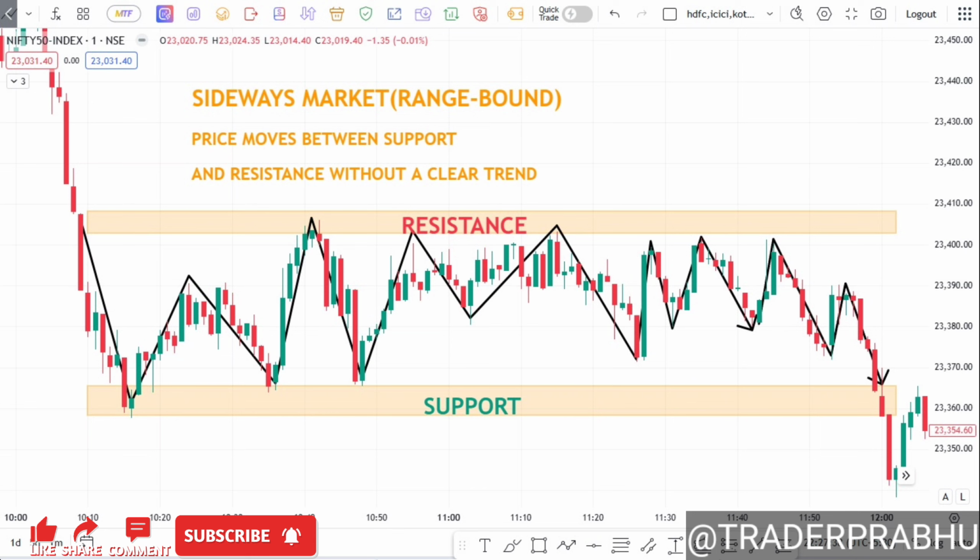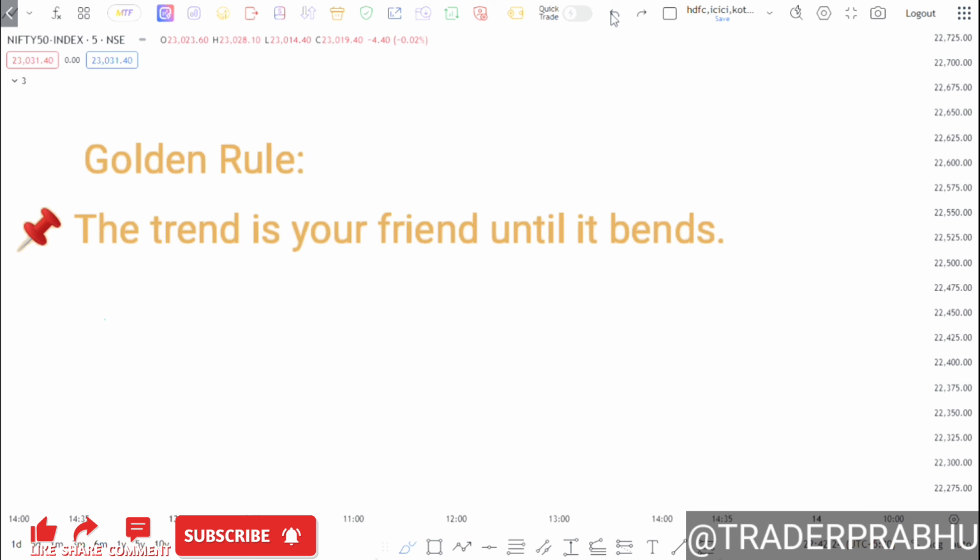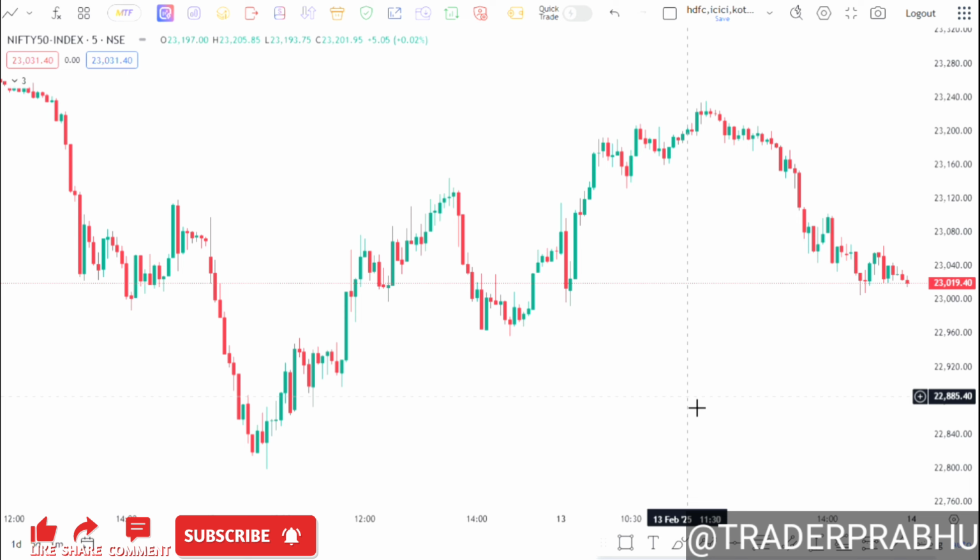If price fails to break previous highs or lows, it's a sideways market. Now the golden rule: the trend is your friend until it bends. So that's the foundation of market structure.